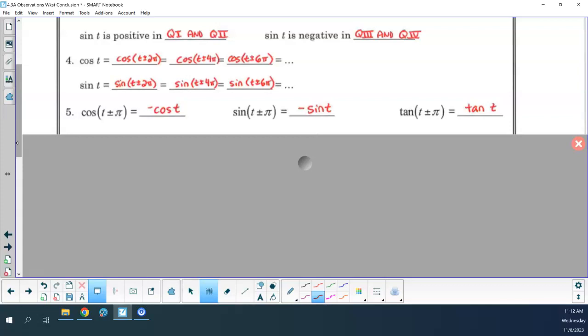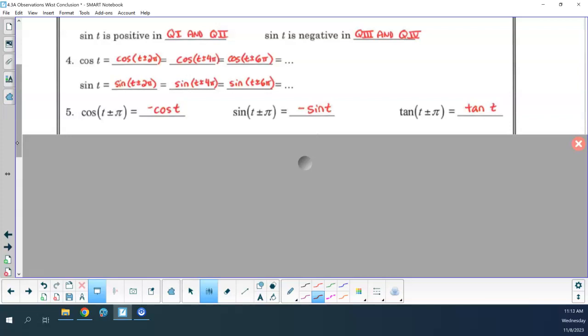If you go through the center 180 degrees, pi radians, to the other side of the circle, sine and cosine are opposite, tangent is the same.